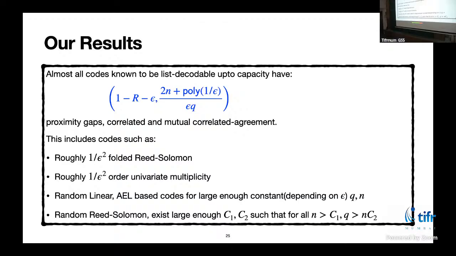They'll take very low rate codes. There will be some parameter, like how many codewords you want in the list, say lambda codewords, then there is some dependence on lambda.